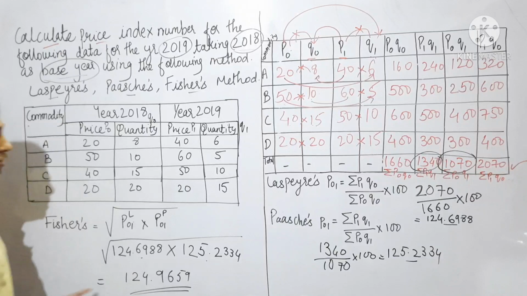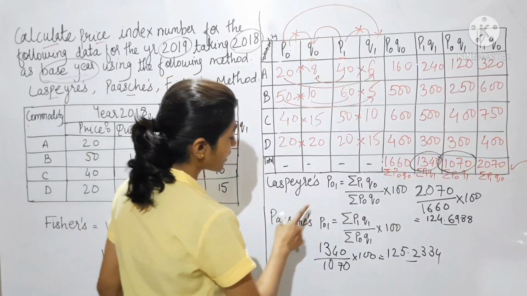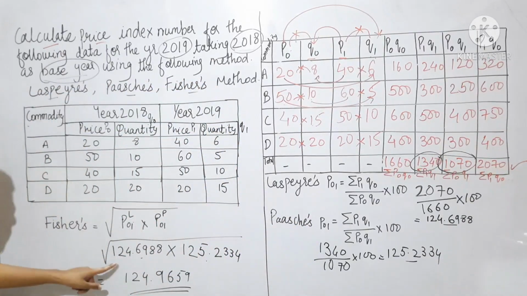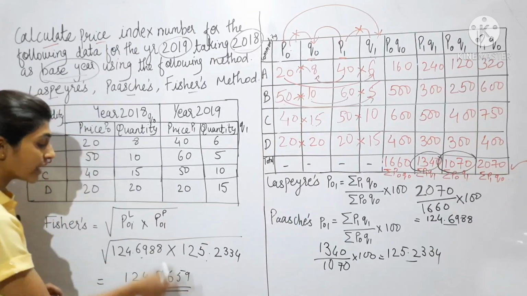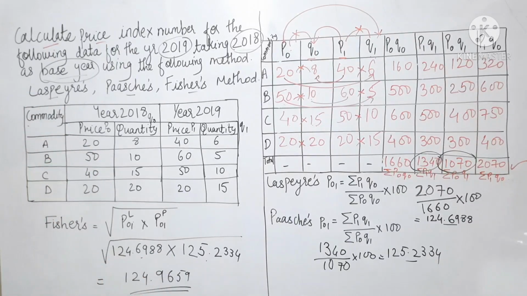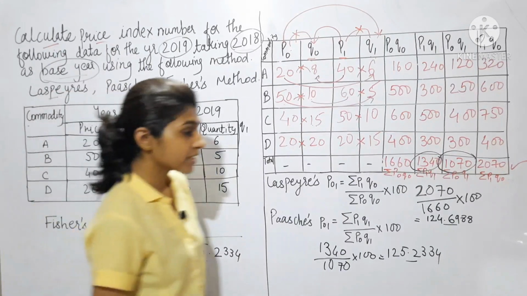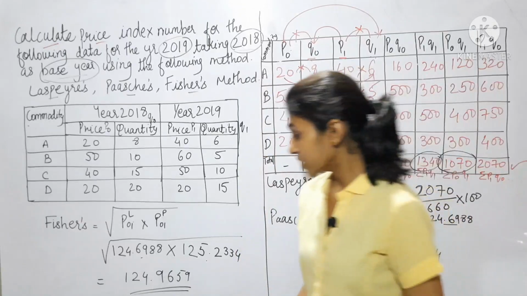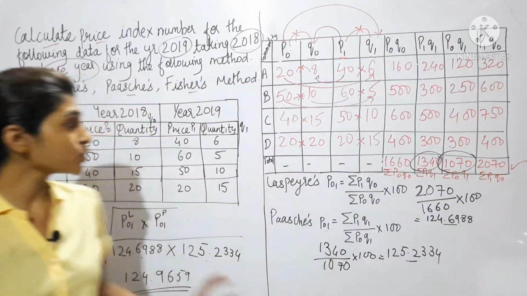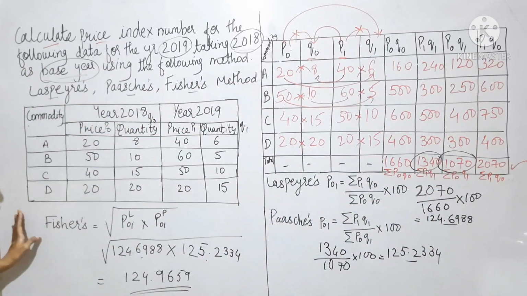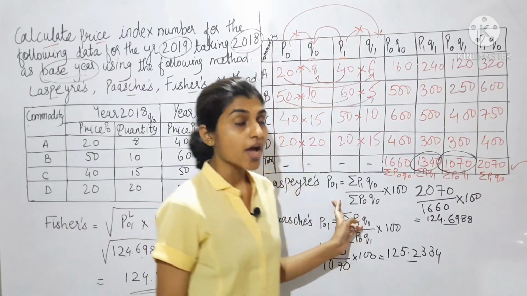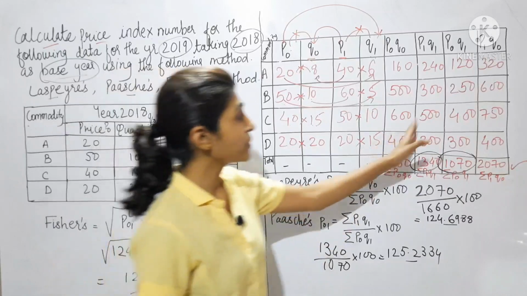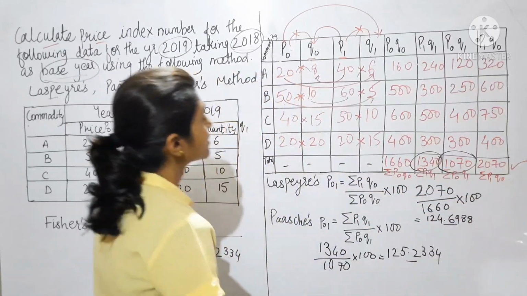So first of all, whatever answer you get for Laspeyres and Paasche's, put the answer in the square root, multiply it and then find the square root. Then you will get the answer 124.9659. Okay, so in this way you have to find Laspeyres, Paasche's and Fisher's. Just remember the formula and as per the formula prepare the columns and then multiply.